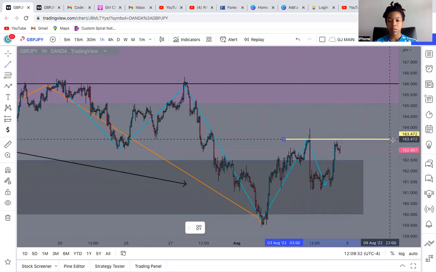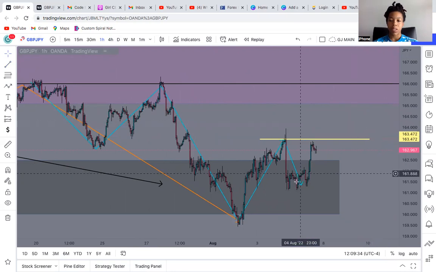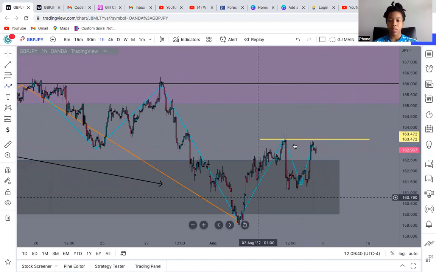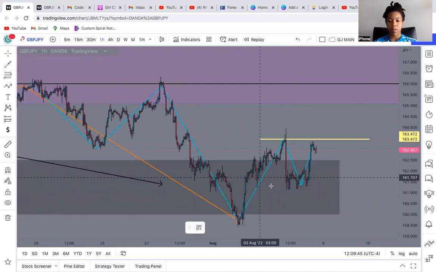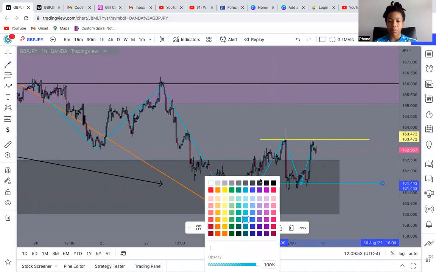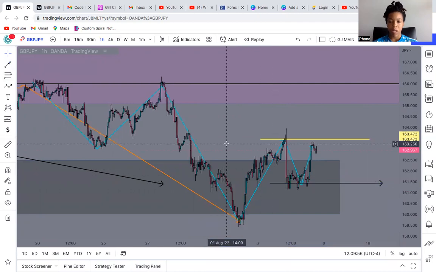Then we can see our low was created down here. Even had this push back up a little bit, and all of this is again price moving in the uptrend. I'll put this down here. If this low is broken here, I'm looking for price to move down.